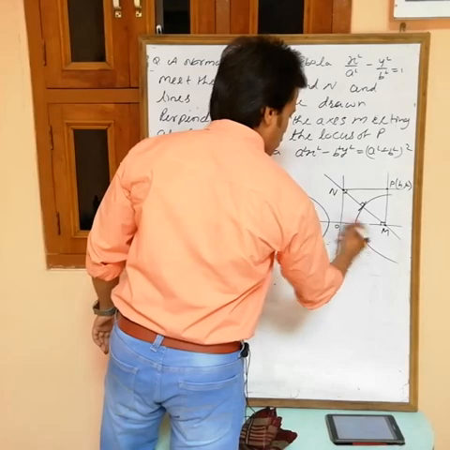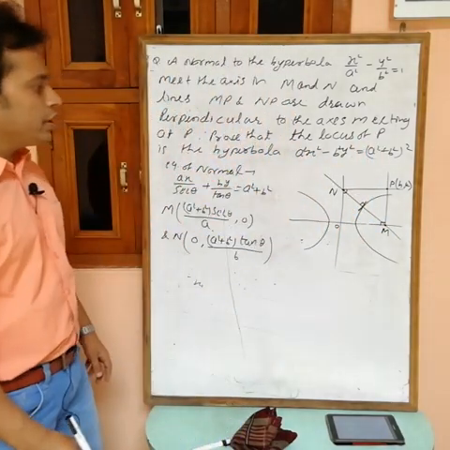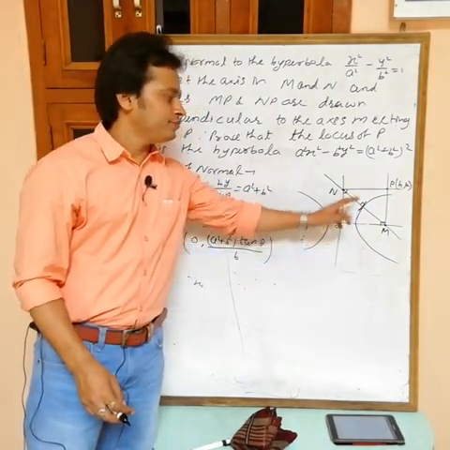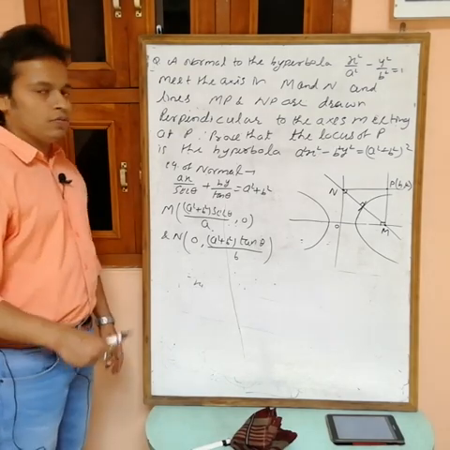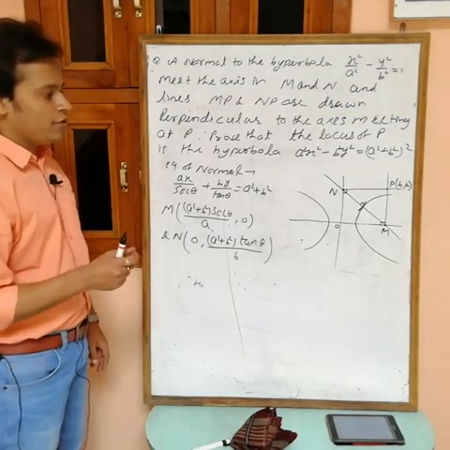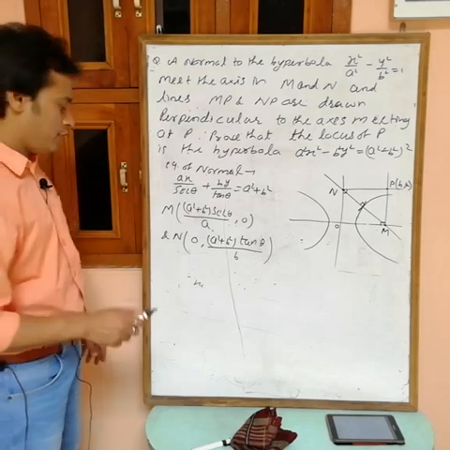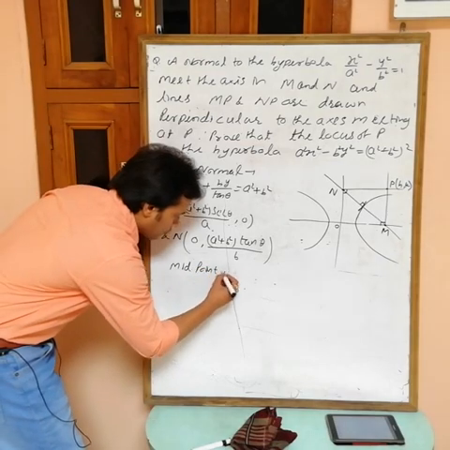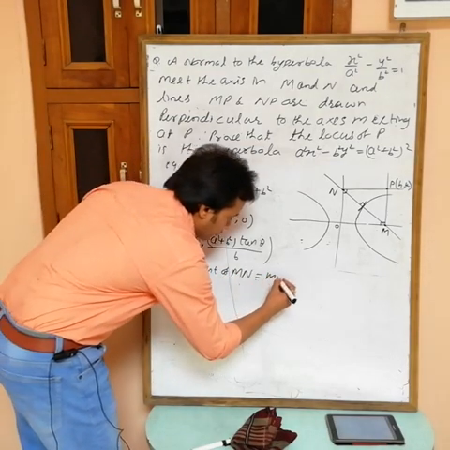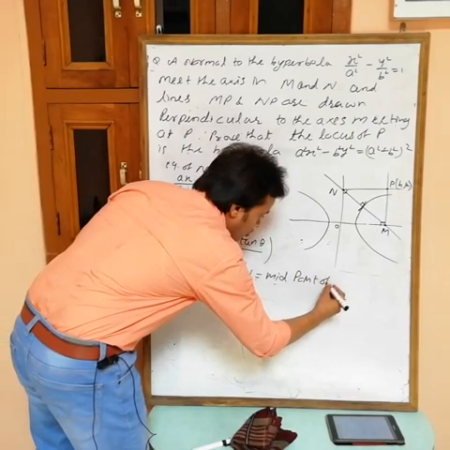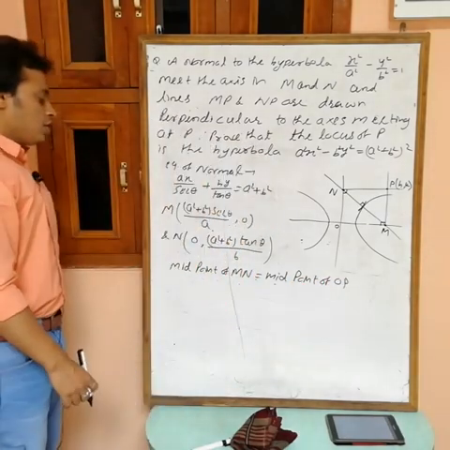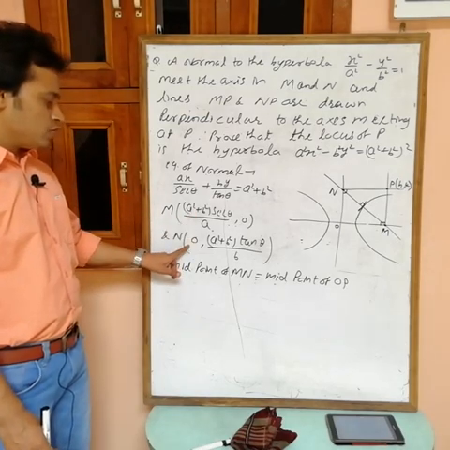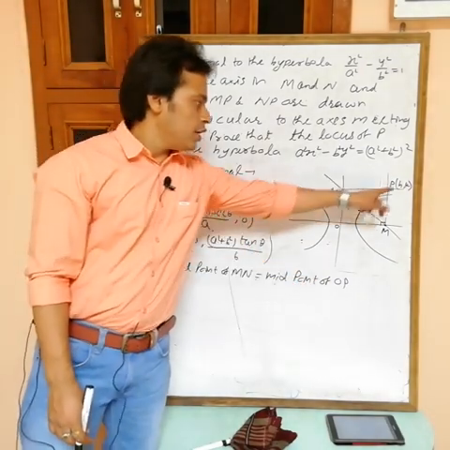Now can I say that OMPN is a rectangle? Obviously, both angles are 90 degrees. So this one is a rectangle, and the property of a rectangle is that the midpoint of MN equals the midpoint of OP. The midpoint of MN is this one plus this one by 2, which equals, for OP, h plus 0 by 2.